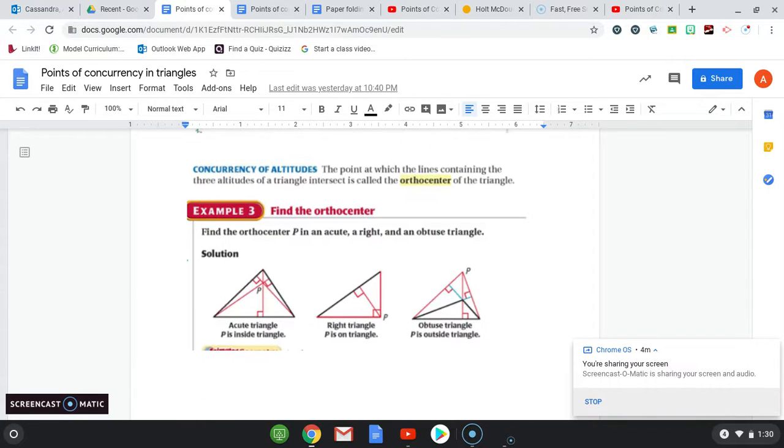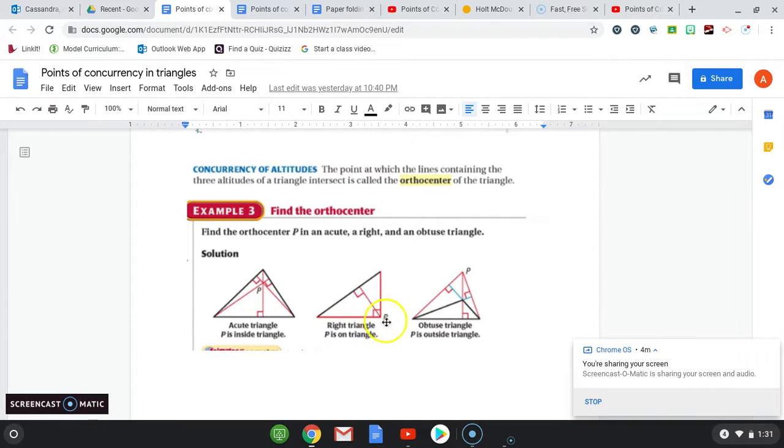And then last but not least, you have the orthocenter. The orthocenter is the intersection of the altitudes. Now, if you have an acute triangle, like in this picture, all of the altitudes will be inside of the triangle, and the point of concurrency will be inside. Now, if you have a right triangle, the legs of the right triangle are actually heights of the triangle, because the height forms a right angle with the base, so the right angle of a right triangle actually has two of the altitudes.